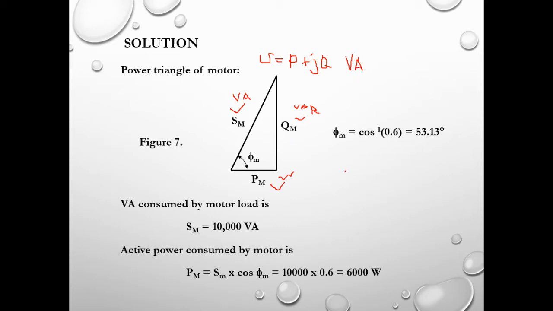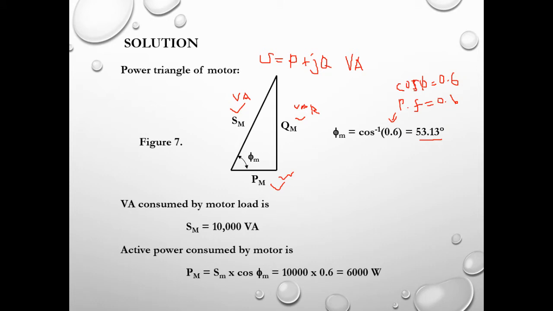And of course, theta M. From the question we have seen that PF is given as 0.6, where PF is also known as cos theta, so cos theta equals 0.6.